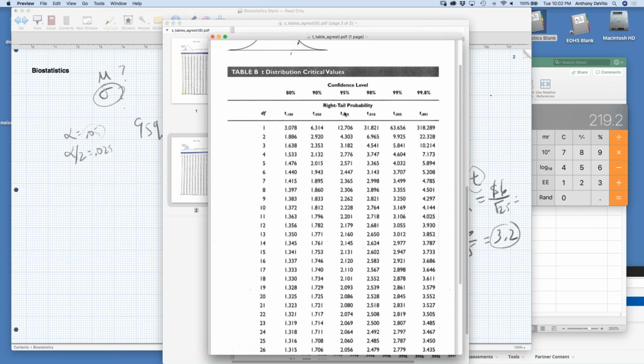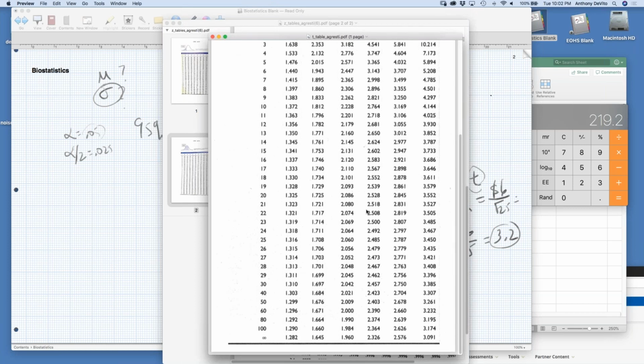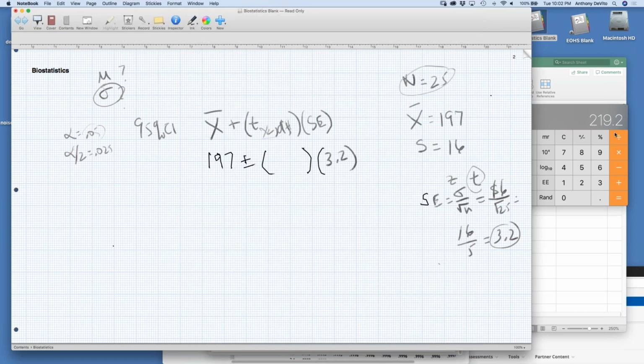In other words, alpha over 2, that 2.5% in each one of the tails left and right, corresponds to a 95% confidence interval. So I'm going to scroll down in this column until I get to the value for 24, and it's 2.064. So instead of putting in 1.96 here, I put 2.064. And I multiply these two out.